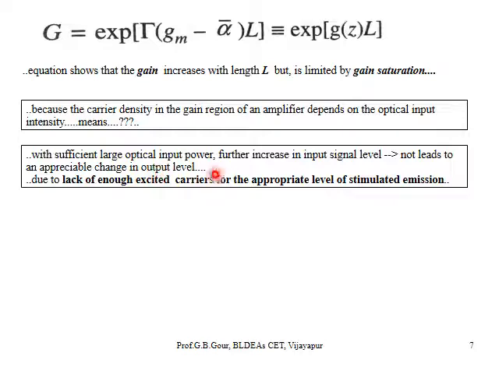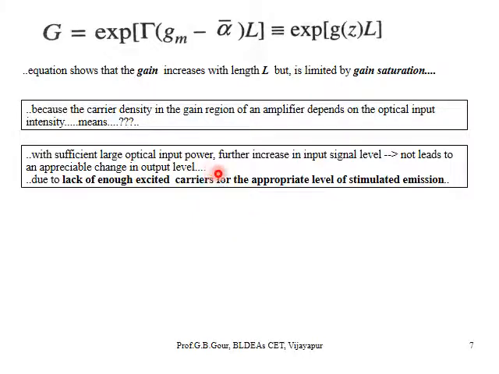Maybe due to the non-availability of excited carriers at the appropriate level for stimulated emission. Only when this occurs will stimulated emission contribute and lead to population inversion. Unless this occurs, because of the lack of excited carriers, we will not get population inversion or amplification.